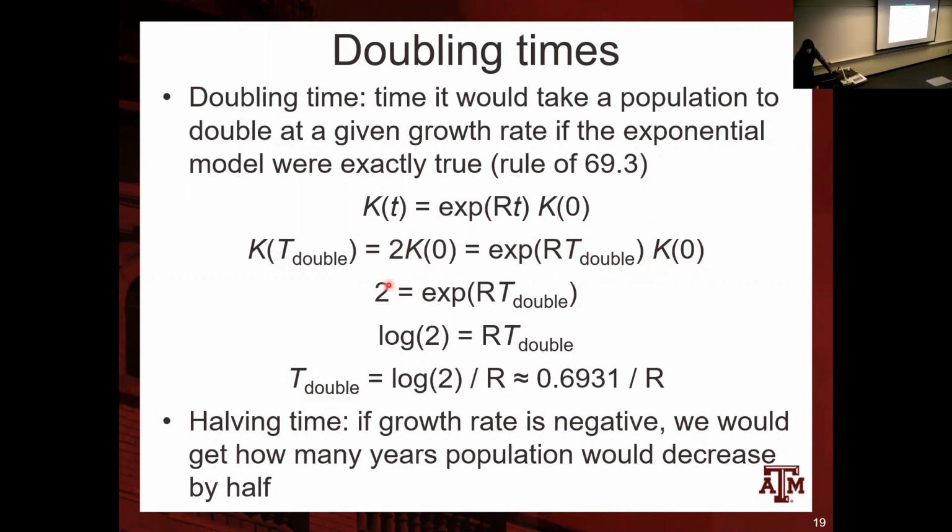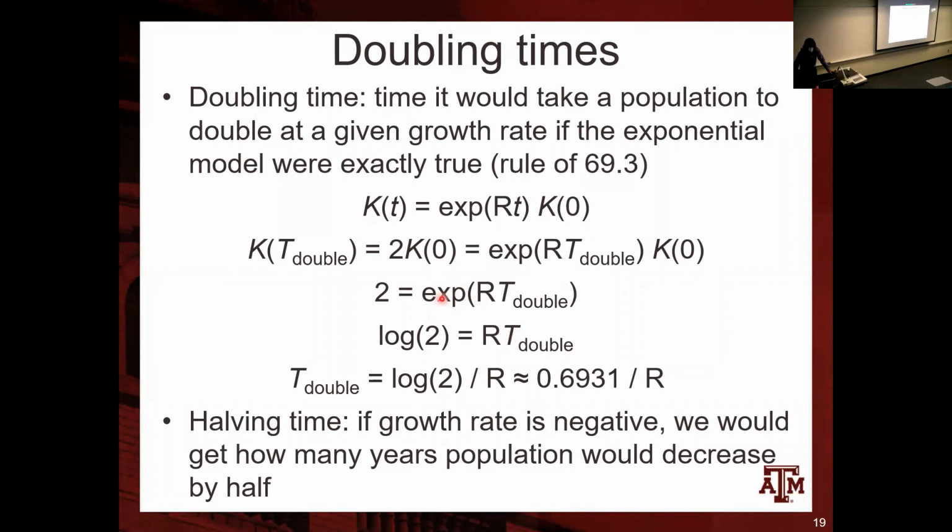I have 2 equals the exponential of growth rate times the time in which the population will double in size. Since the right side of the equation is an exponential, to get the exponential out, I just take the log of this, in order to have the population growth rate and the time that it would take for my population to double in size.